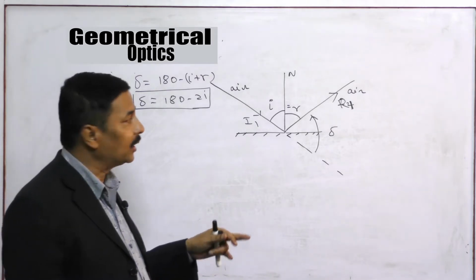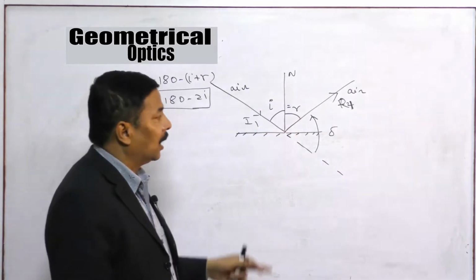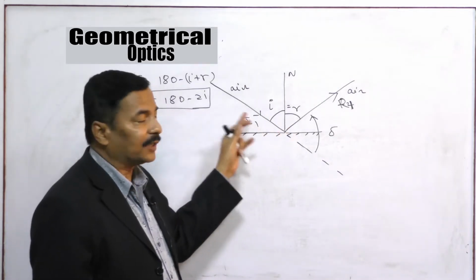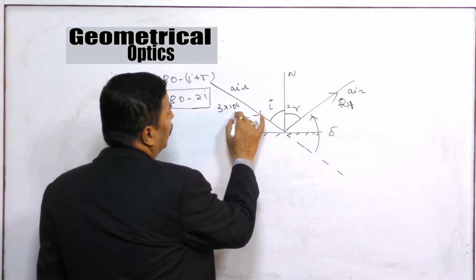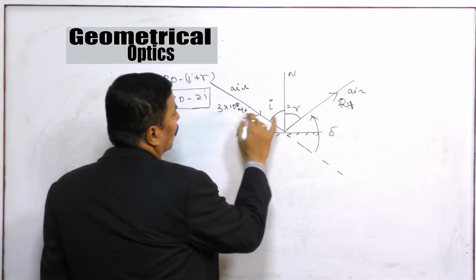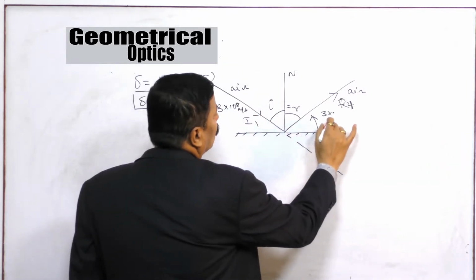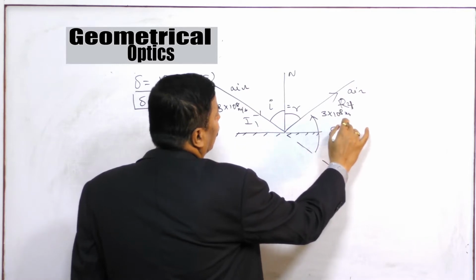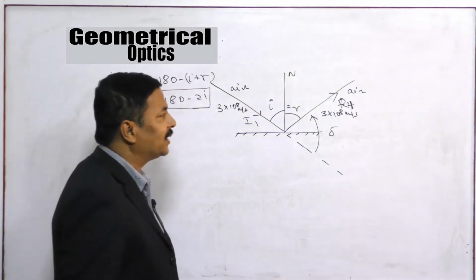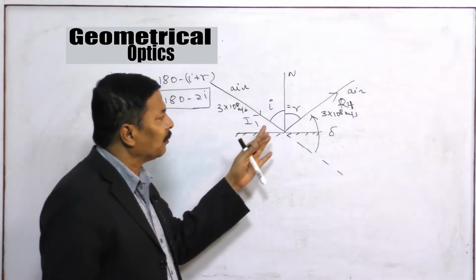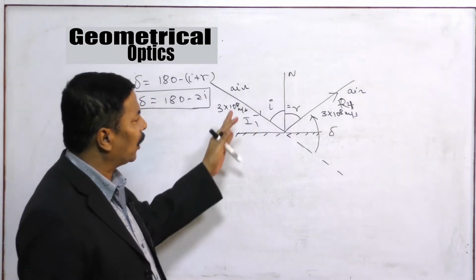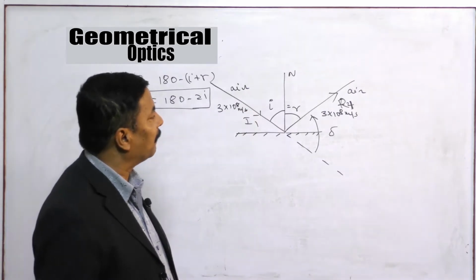Velocity is a vector quantity and the direction has changed, so the velocity has changed. Here also the speed is 3 into 10 to the power 8 meter per second, and there also the speed is 3 into 10 to the power 8 meter per second. But the direction is changed, so the velocity is changed. This is the way we have understood reflection at the primary level.